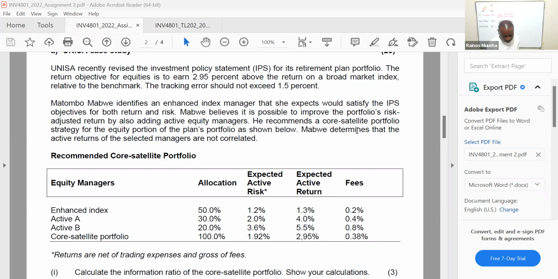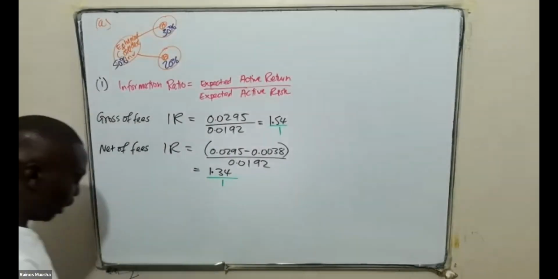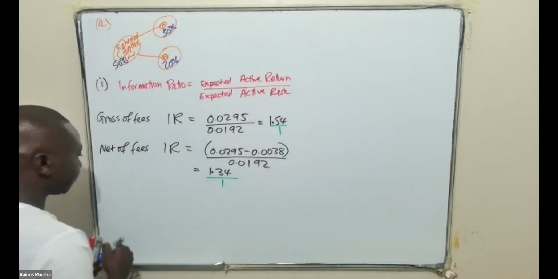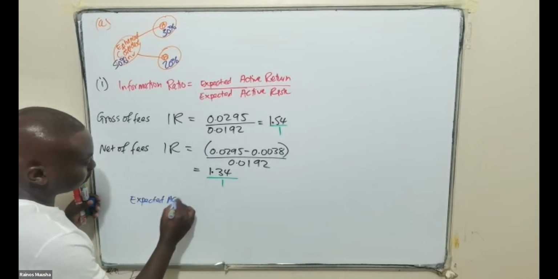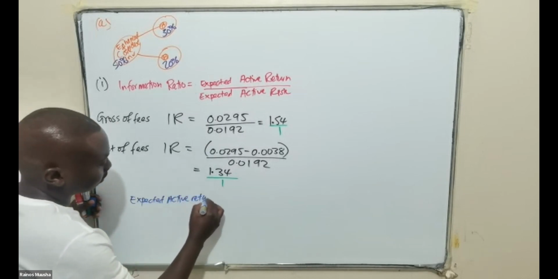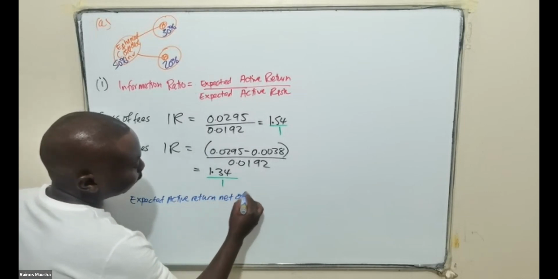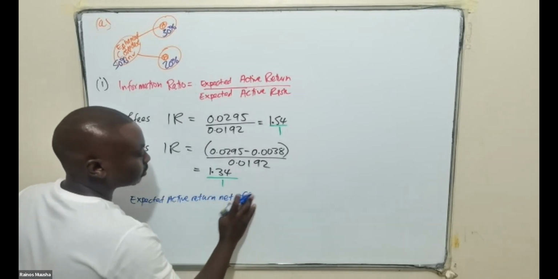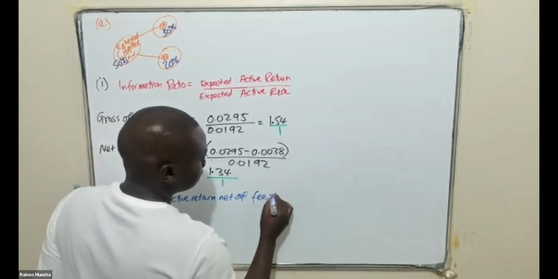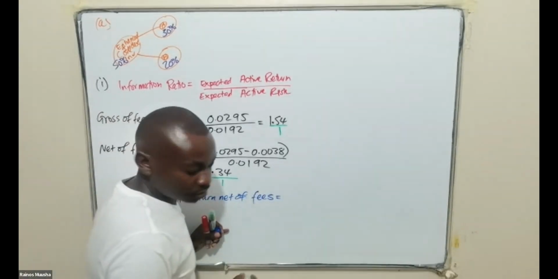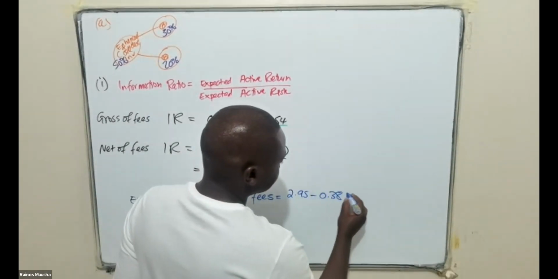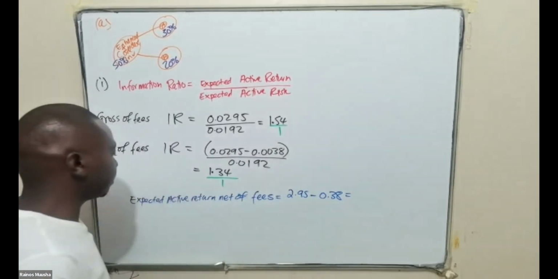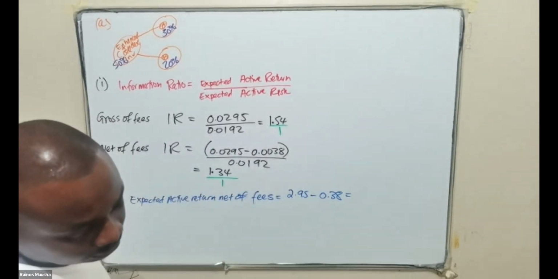So what does that mean? It basically means our expected active return net of fees is equal to 2.95 minus 0.38.